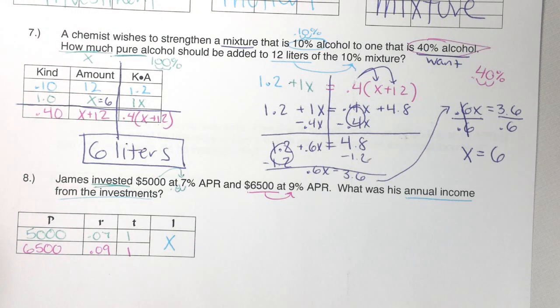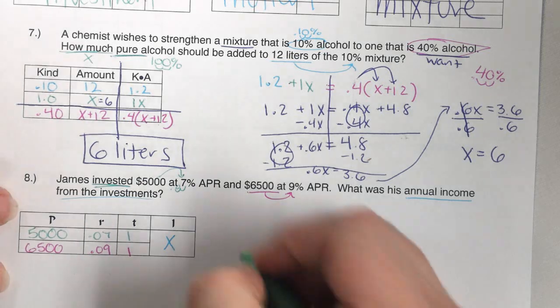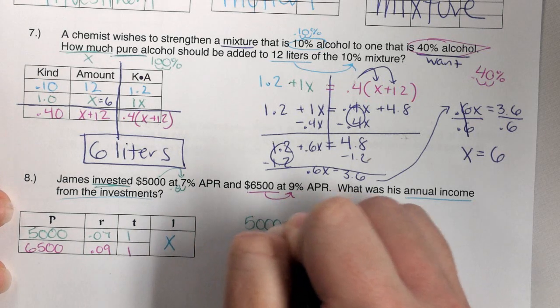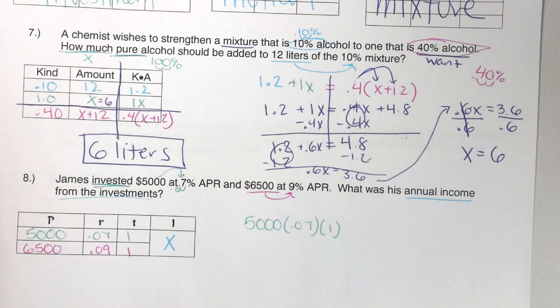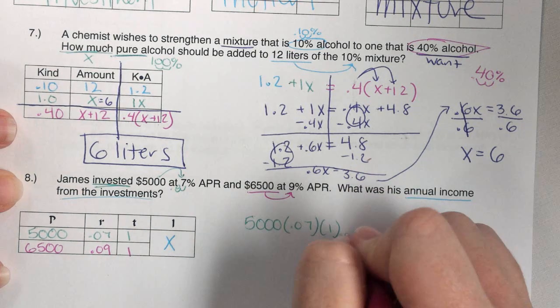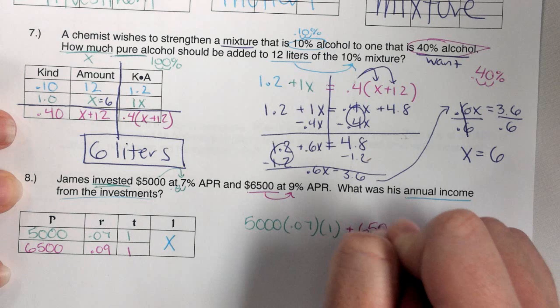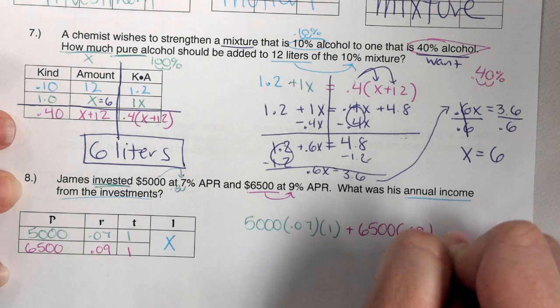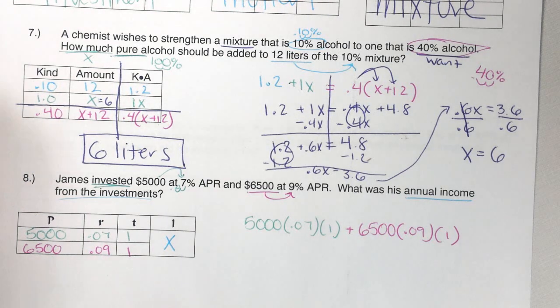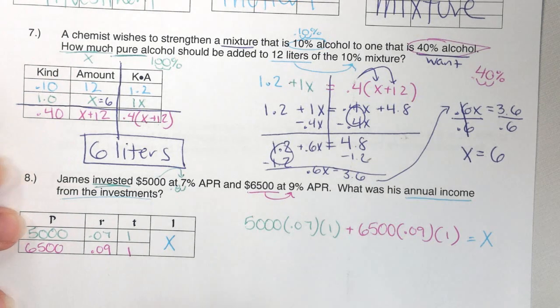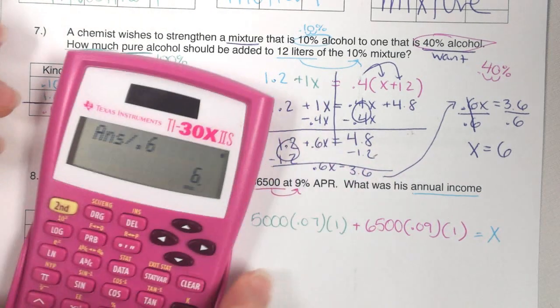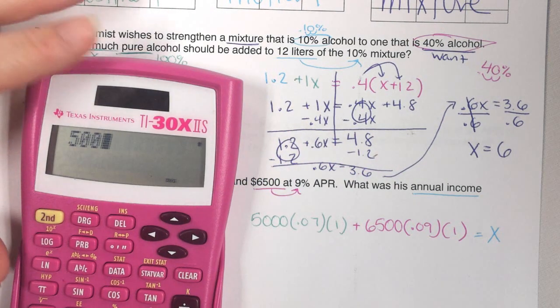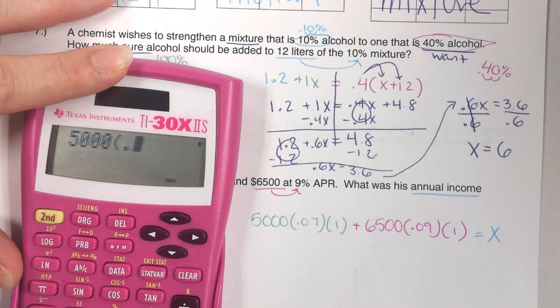So remember, the way we set these up is we multiply the top row, and we add it to the bottom row multiplied. And that equals our annual income. So the cool thing about this problem is you can literally simplify it in your calculator, because there's no x on the left.